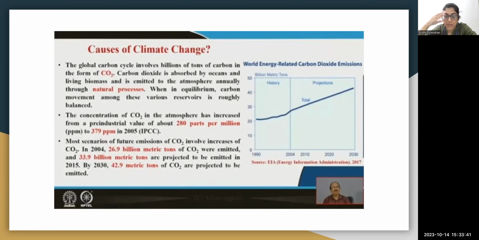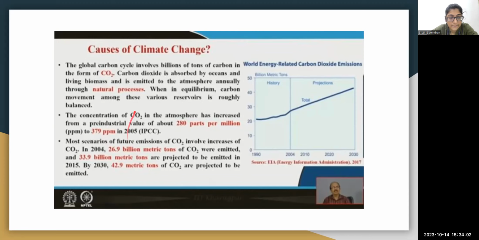Whereas after the industrial revolution, there has been a huge input by human activities in bringing about change in climate, particularly increasing the concentration of carbon dioxide because of various industrial and combustion activities.